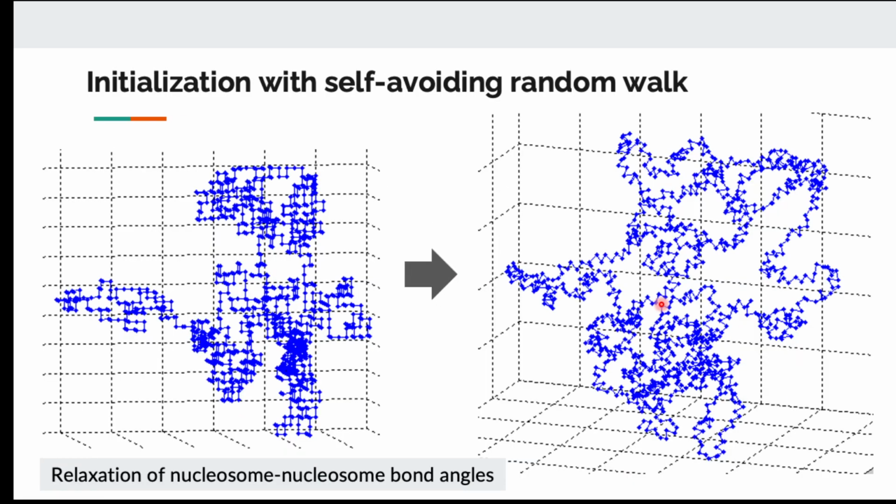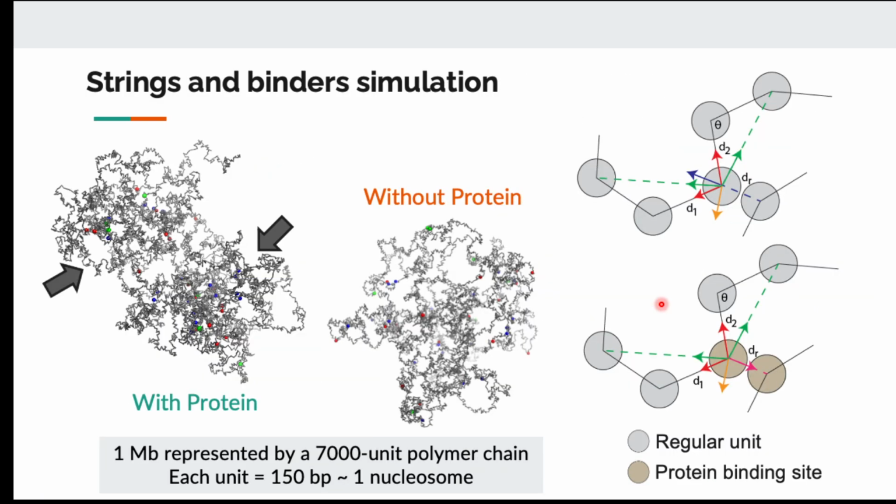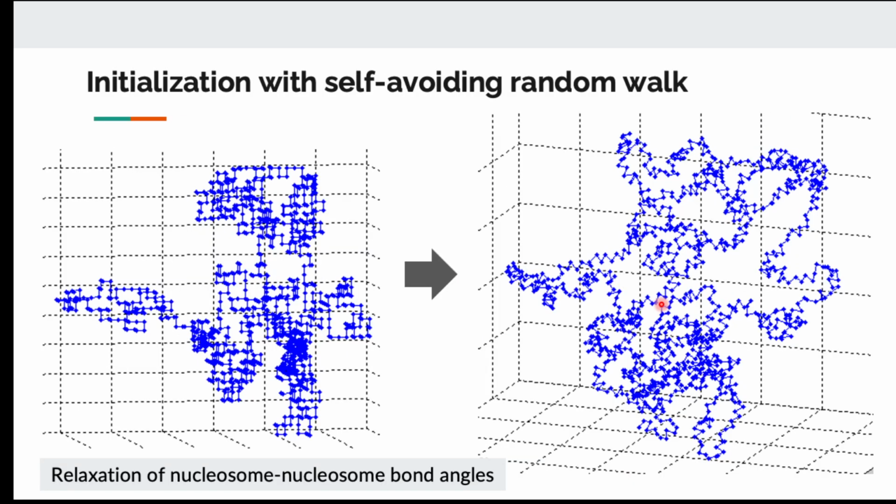And some of you might be wondering how we get started modeling something that has as many as 7,000 units. People sometimes use what's called a self-avoiding random walk. I think we heard the term random walk before, which is a particle that can move in any direction with equal probability.